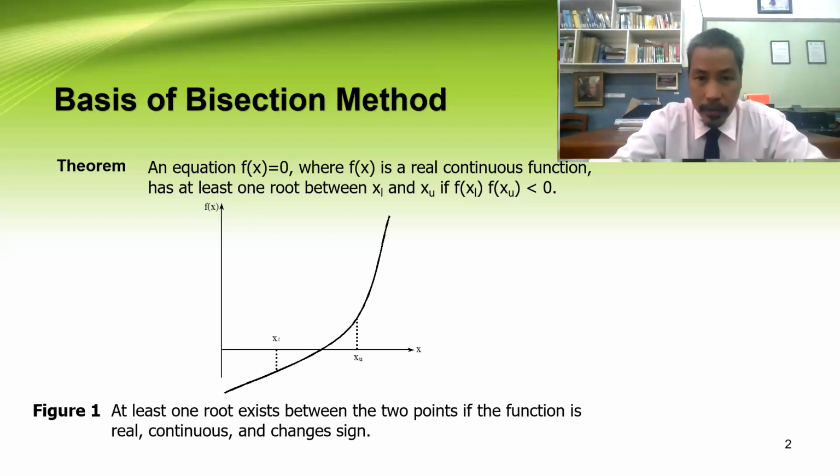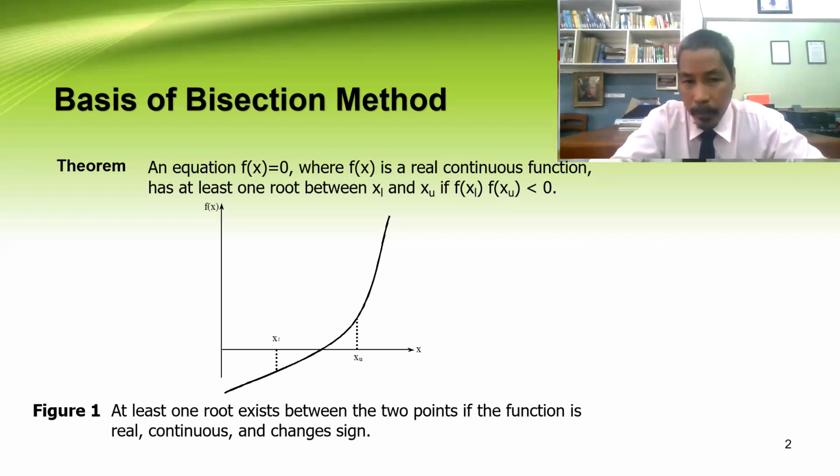So f(x_l) is the height of the function from this point to this point, corresponding to x_l, and f(x_u) is the height of the function here.